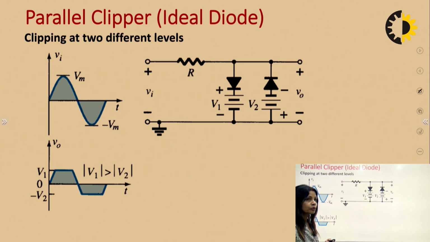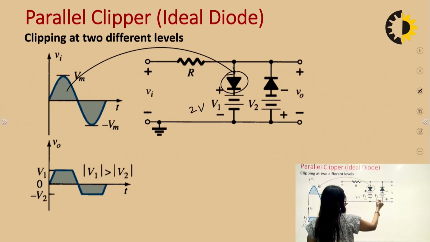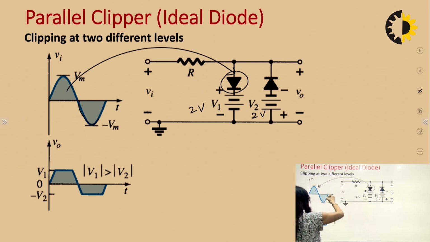We can have more circuits where 2 diodes are involved. Let's say for the positive waveform, this diode is on at one time, this is let's say 2 volt, and this is let's say 2 volt, both are at 2 volt. Then Vm should be greater than 2 volt to supersede the effect of this particular battery, and for that time this diode will be off. When this is in reverse, this will exceed minus 2 volt, and then the diode will be off. So here the waveform will come like this.